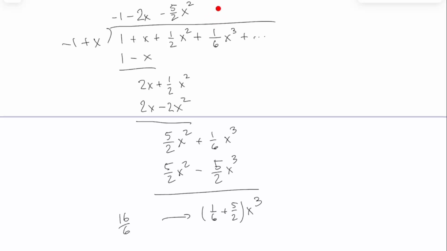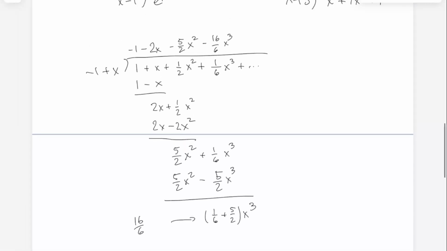I'm trying to match this coefficient of -1 with this coefficient, which is 16/6. -16/6. All right, yeah, -16/6 x cubed. Okay?